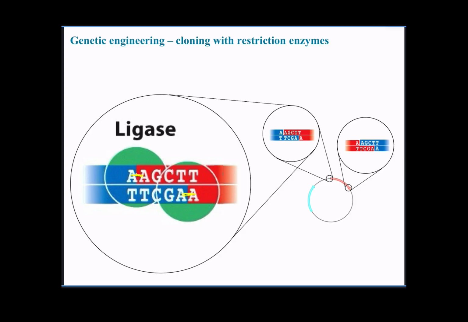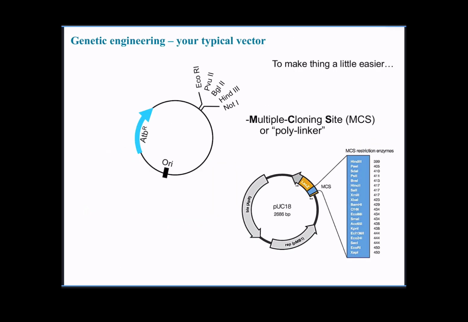We're good? Yeah? All right. So, in practice, these vectors that we normally use for cloning inserts of interest in labs will contain what are called multiple cloning sites. In jargon, sometimes we call them polylinkers, right?